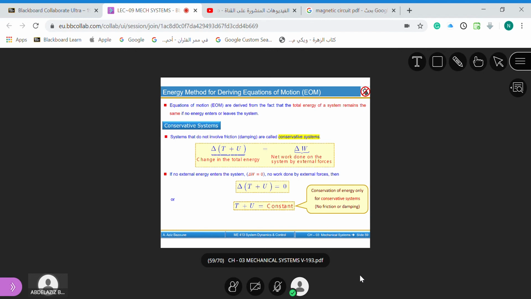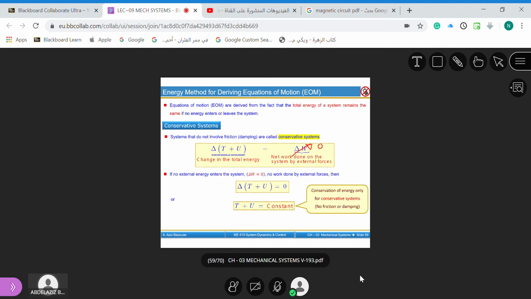For a conservative system, we have the energy always constant. The change in total energy will be the net work done on the system by external forces. Since there are no external forces on the system, the work done will be equal to 0, and the change in energy will be equal to 0, so the energy itself is constant.